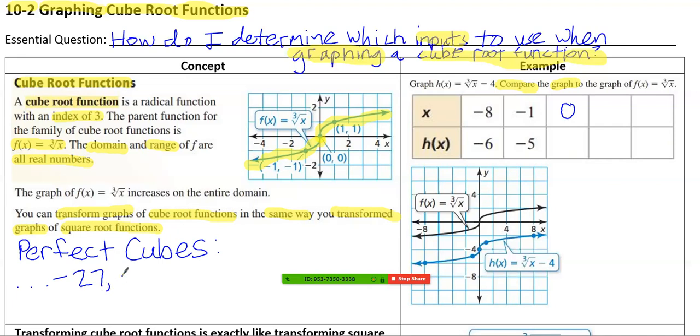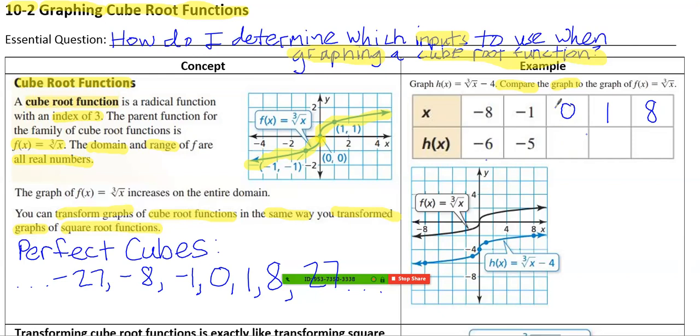Then the next one would be -8, then -1, 0, 1, 8, and 27. And then it goes on infinitely in the other direction too. We need to keep these perfect cubes in mind as we graph these things. So our next input after 0 would be 1, and then the next one would be 8.